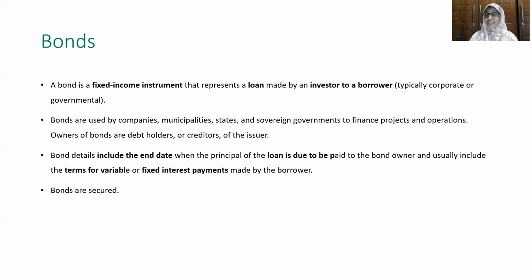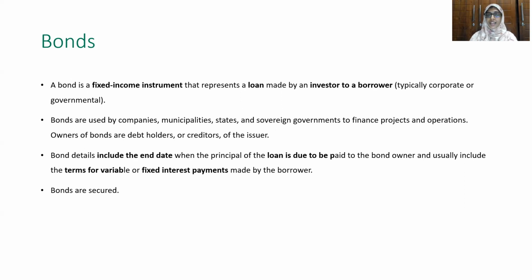And so bonds are generally used by companies, not only companies, they can be used by governments, municipalities, the states to finance their projects and operations. And the owners of bonds are called bondholders, while they are creditors of the issuer.